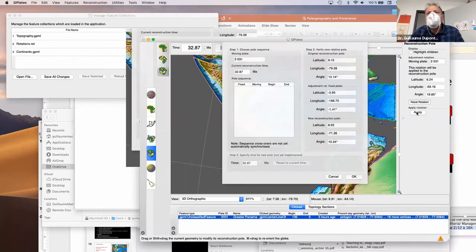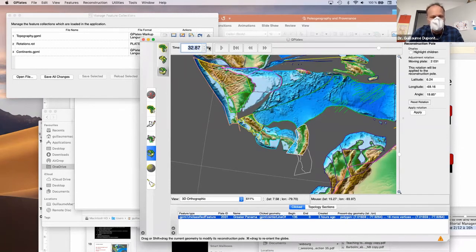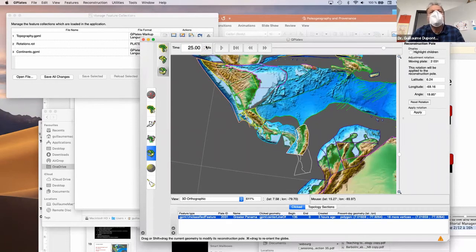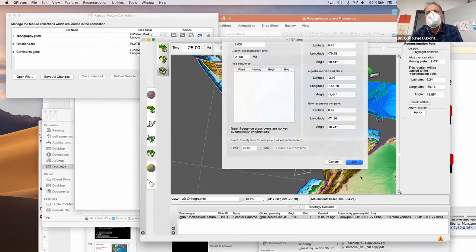Let's see if I can do it, but apparently it doesn't work. Also, it shouldn't be at 32, but at 25. Okay, apply. No, I don't. It should find the pole sequence. Sequence crossover is not yet automatically synchronized. Yeah, I don't know what's going on.